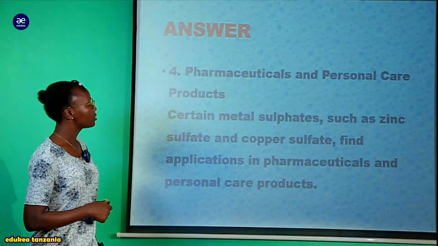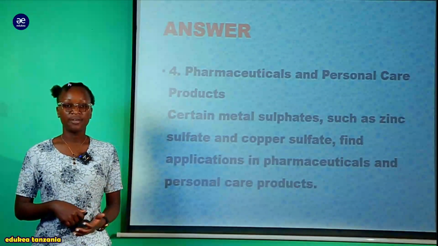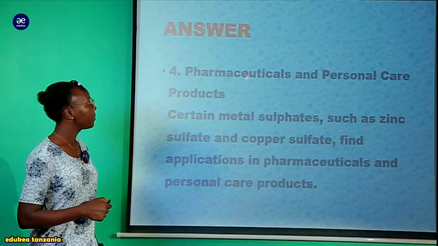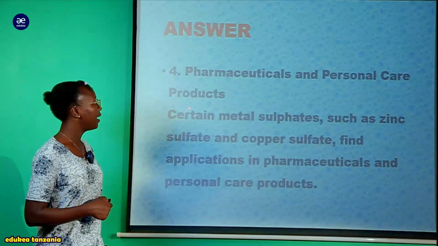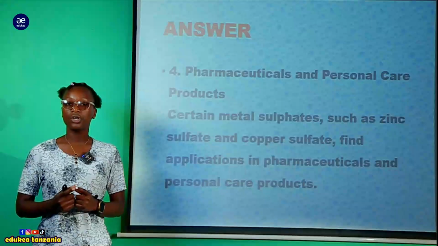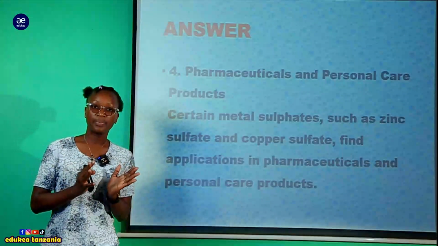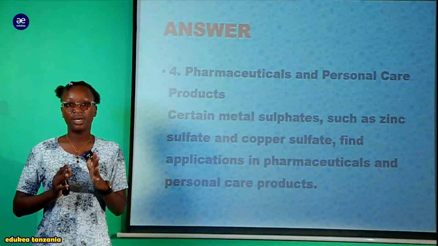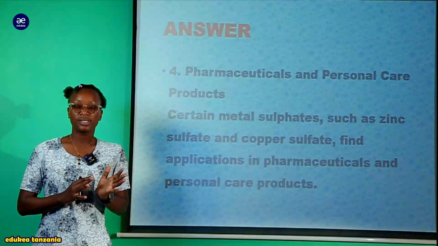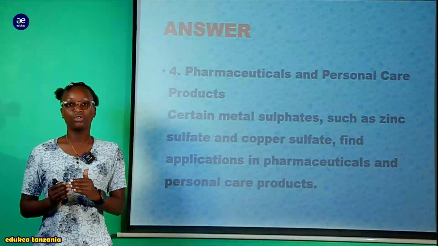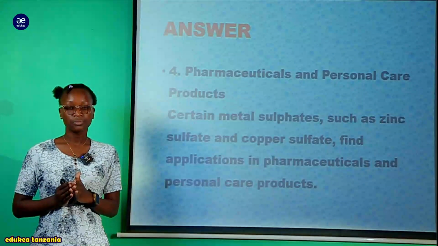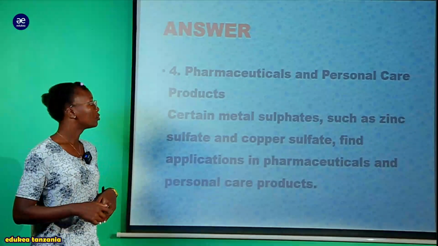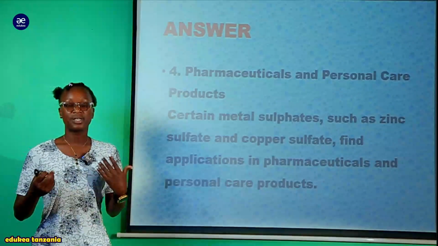But another uses of this metal sulfate compound is pharmaceuticals and personal care product. Pharmaceuticals tuna include the both hospital and the medication field, hospital setting, but also issue of medications, au ndo tuna include kwenye issue nzima ya pharmaceutical.